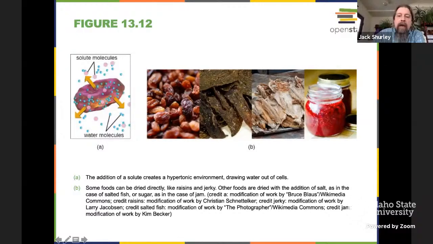There are some potential issues with this, and some of these things may inhibit bacterial growth, but sometimes something like a freezer jam, if you're making it at home, you're not adding other preservatives and things like that into it.